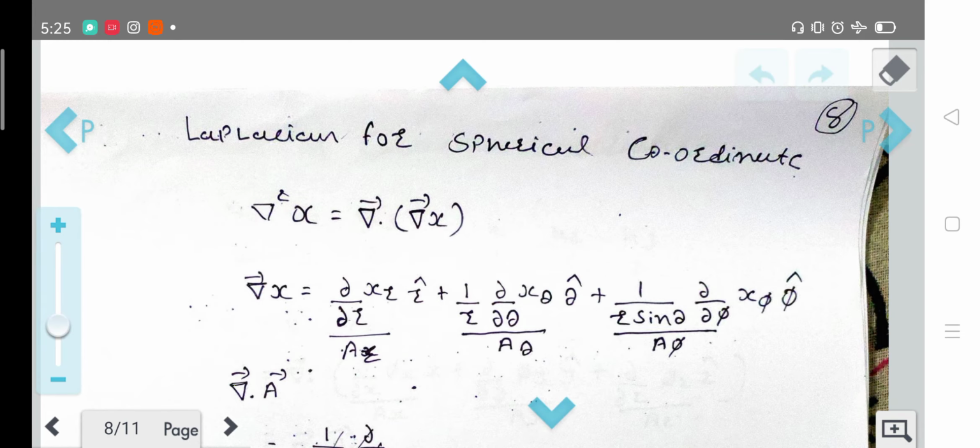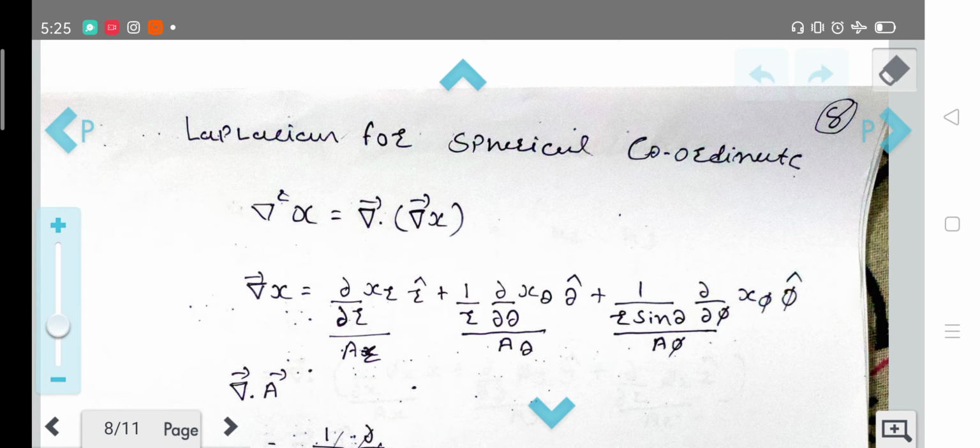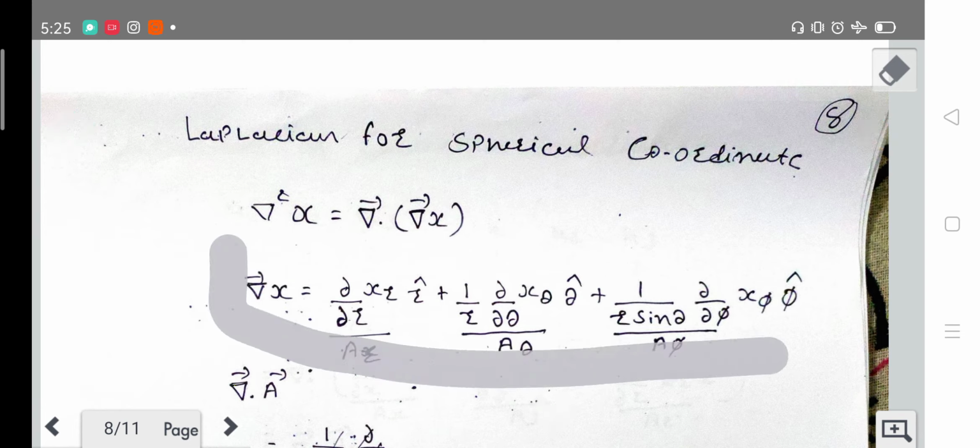Laplacian of x will be the divergence of gradient of x. So first we will find, here I have considered x as a scalar quantity. So the gradient of x will be, we already got the equation for gradient.